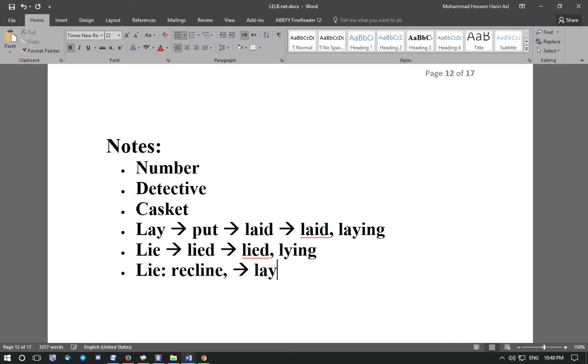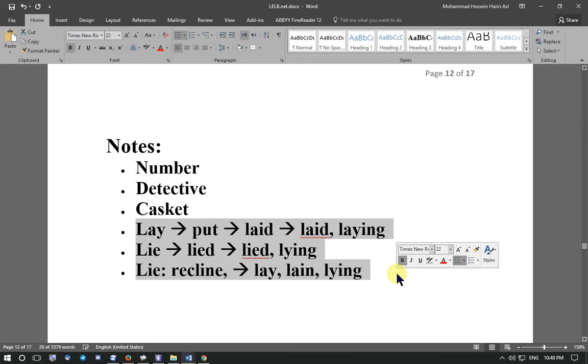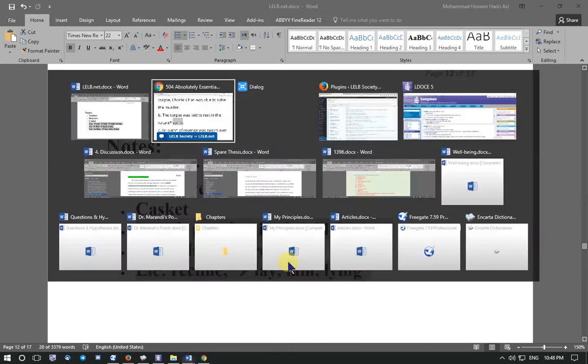Lay. This is the past tense of lie, which means recline, and the past participle is lain, and the gerund form is lying. So you can just compare and contrast these three verbs with similar spellings, and I thought that it was necessary for you to know.